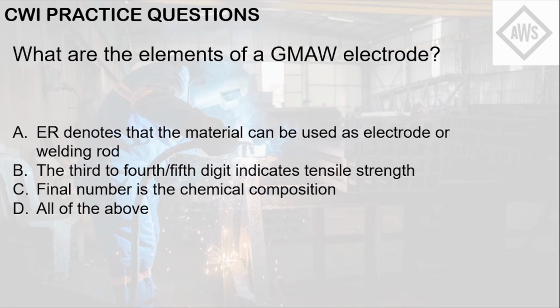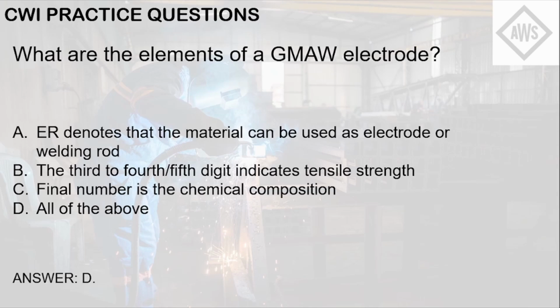So if it is 70 or 100, that indicates 70 ksi or 100 ksi respectively. And the final number, similar to the SMAW electrode, is the chemical composition of that GMAW electrode. So the answer here is letter D. All of the choices are accurate in terms of the elements of a GMAW electrode.